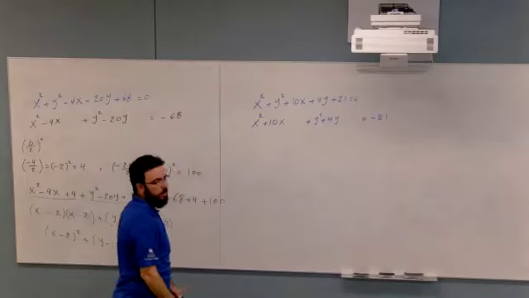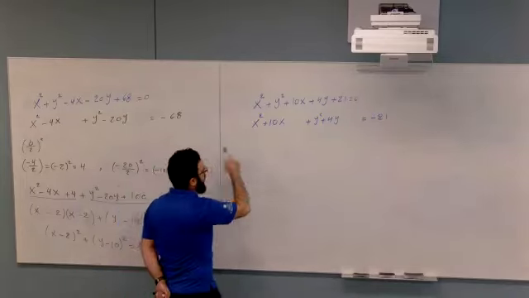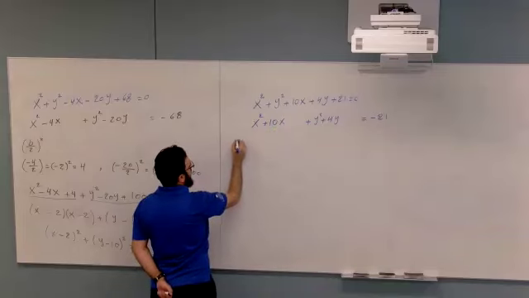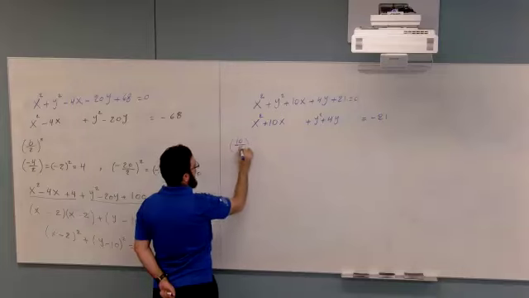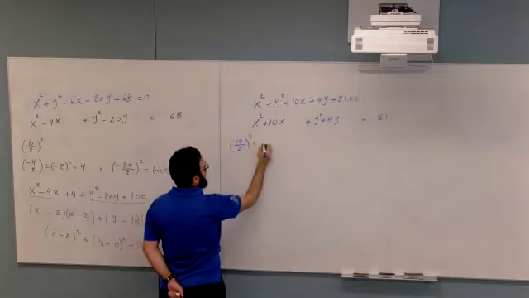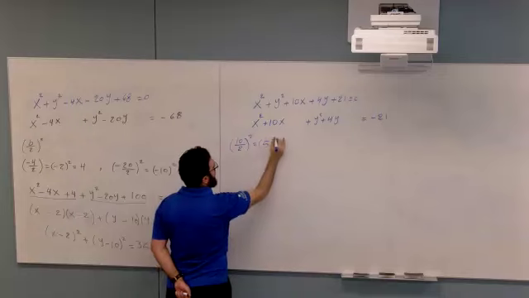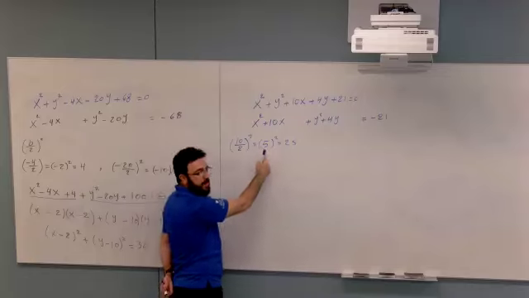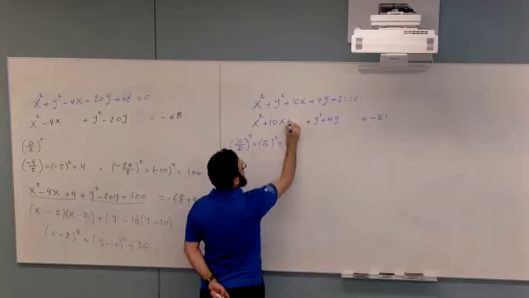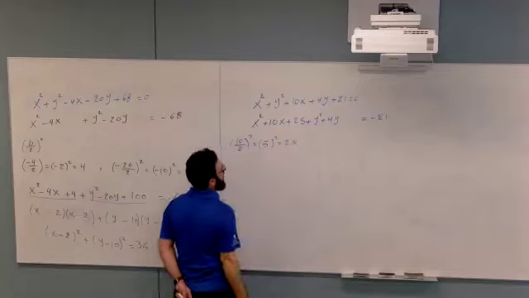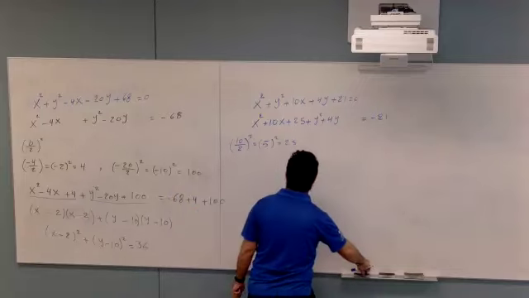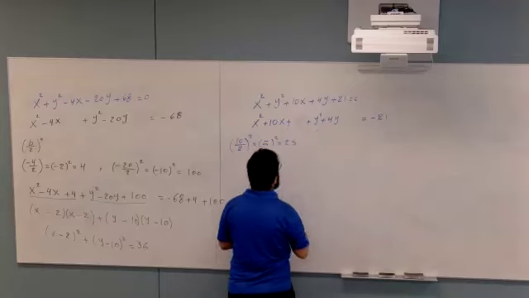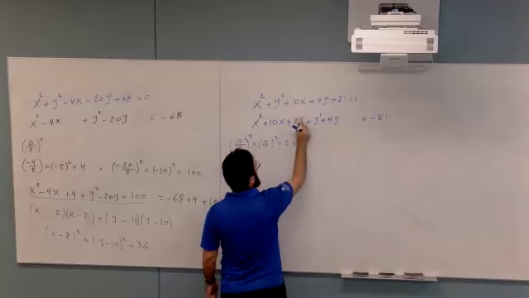Is that cool? Now, what's the missing term? 10 divided by 2 squared is 5 squared, which is equal to 25. So this number is going to be in the parentheses. I'm just going to add 25 here.